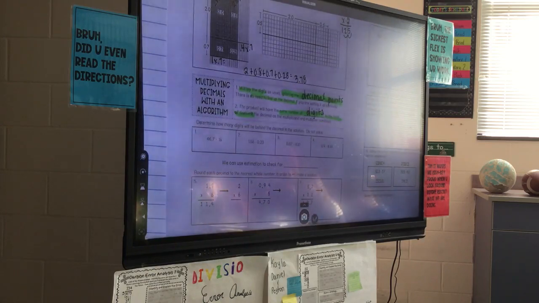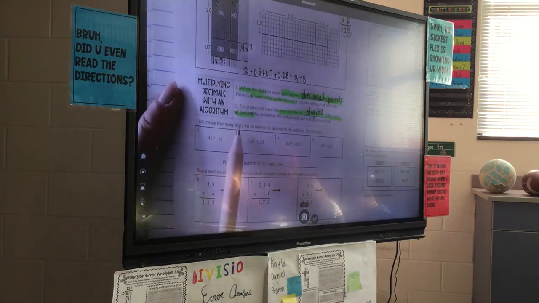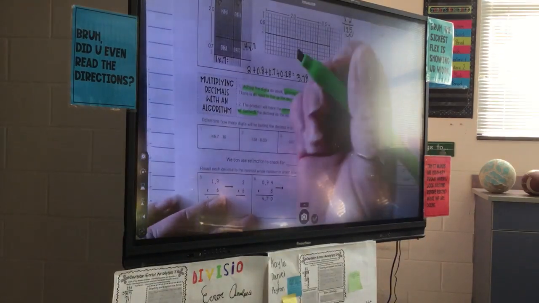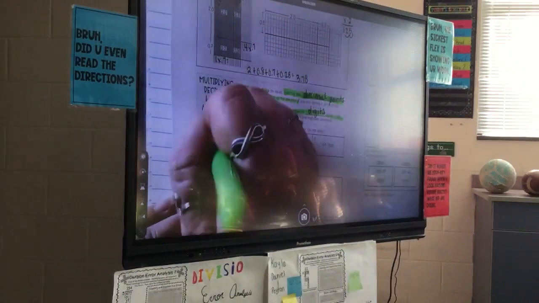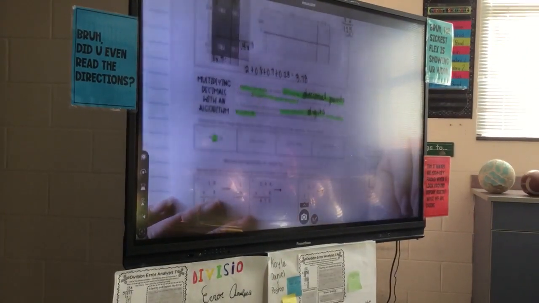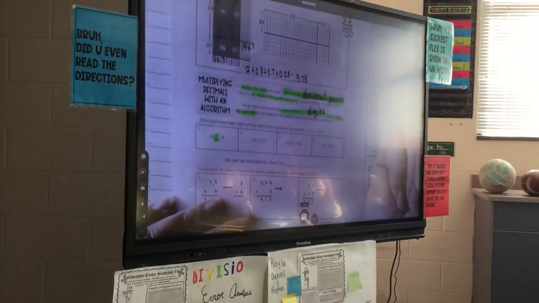All right, so this one says determine how many digits will be behind the decimal in the solution. We're not solving these. We're just counting the decimals to the right. So in 46 and 7/10, we have how many decimal places to the right? Zach? 3.